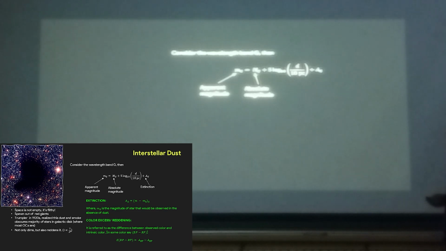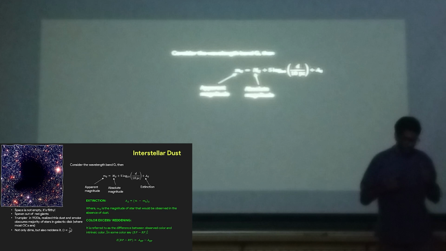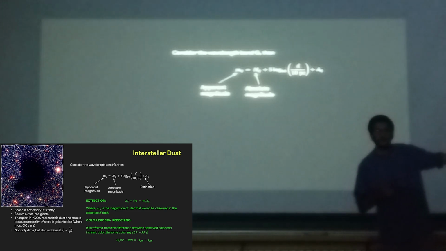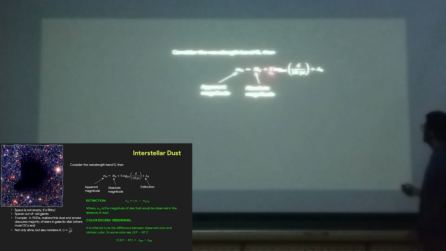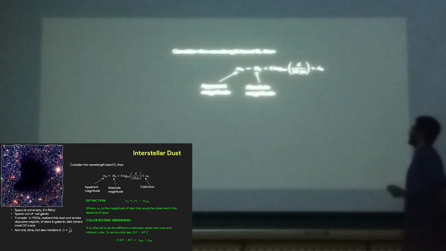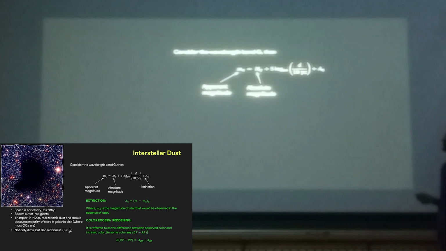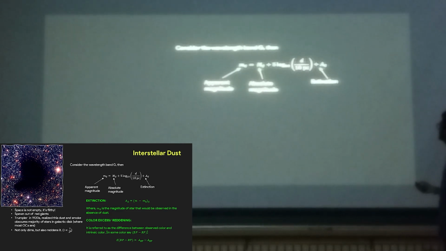The term in the middle accounts for the fact that objects grow dimmer as they are farther away. The factor 5 comes from the experimental observation that a 6th magnitude star is 100 times fainter than a magnitude 1 star. And the last term is extinction.